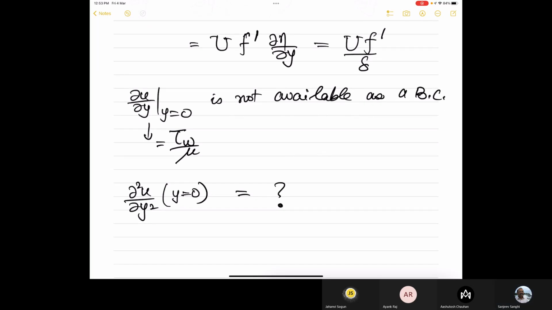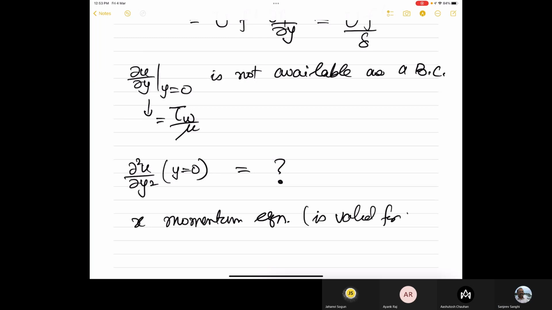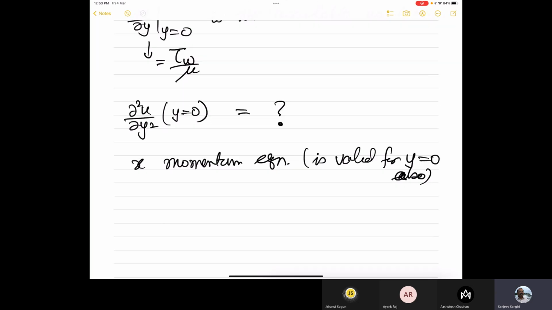To get this, we look at the x momentum equation. This equation is valid for y equal to 0 also. It is valid at the plate as well as in the fluid.